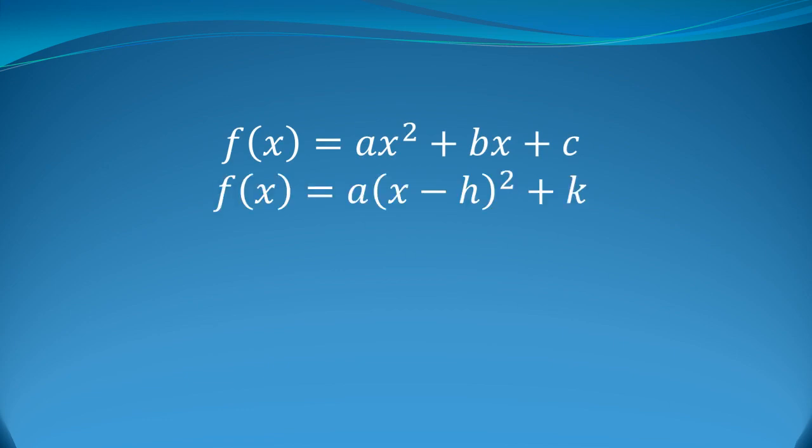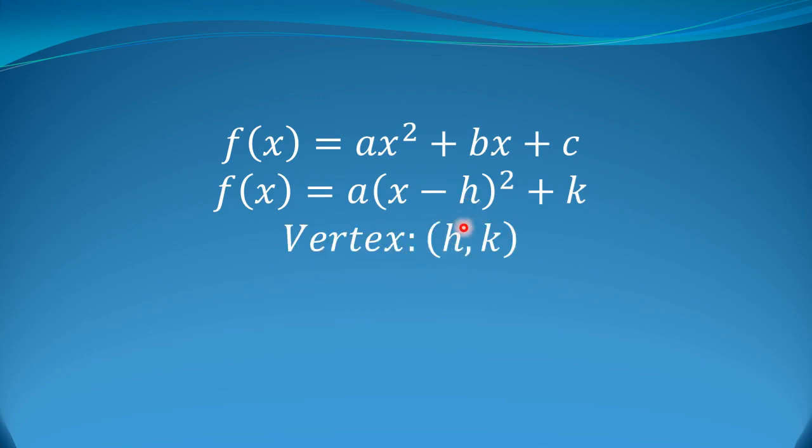Alright, and that's pretty much the end of our video. And it's actually very easy graphing quadratic functions. So with functions like these, you could rearrange them and complete the square and come up with this form. And from here, it's very easy to get the vertex and the axis of symmetry.